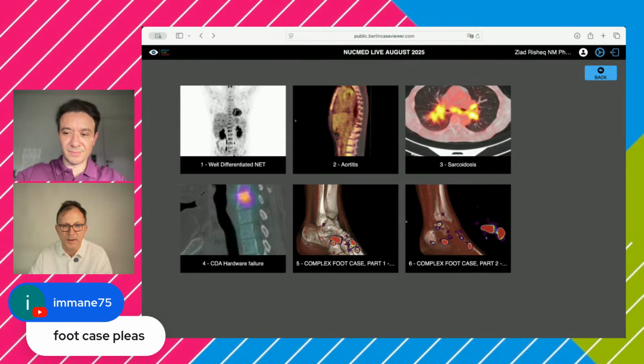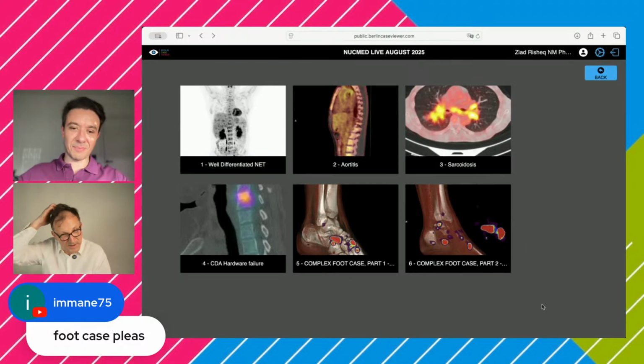Sure. These are the feet of the same patient. Maybe we put it together as a lecture, or we do it as a live session in September, because I think we should stay within the time.